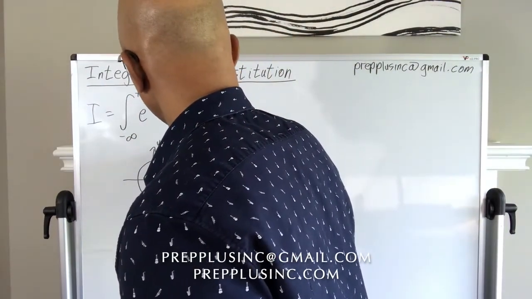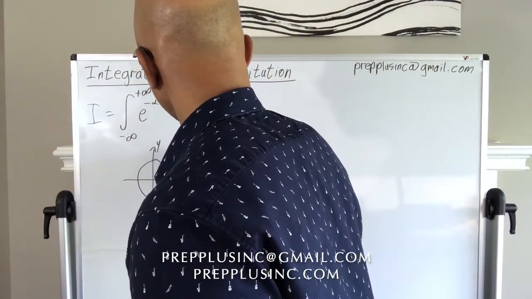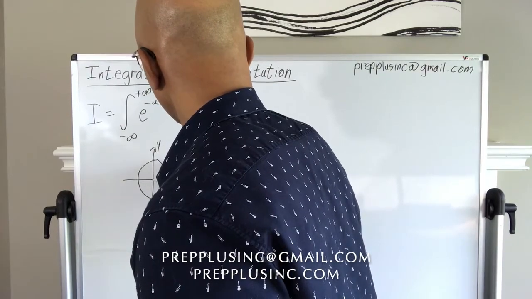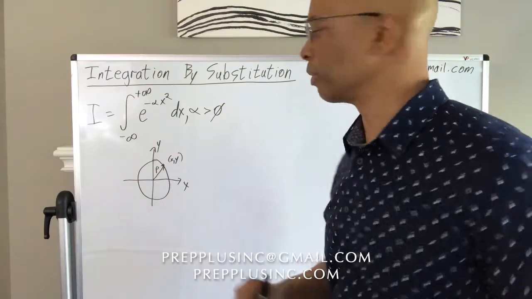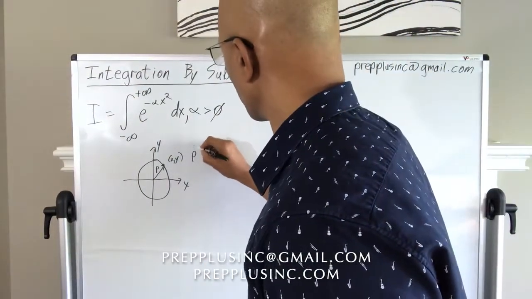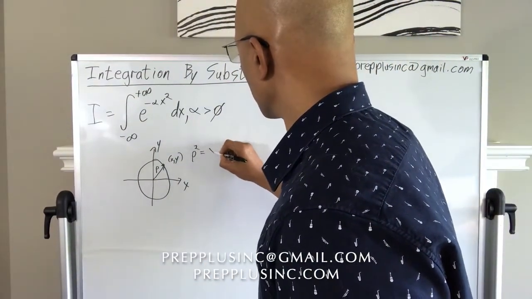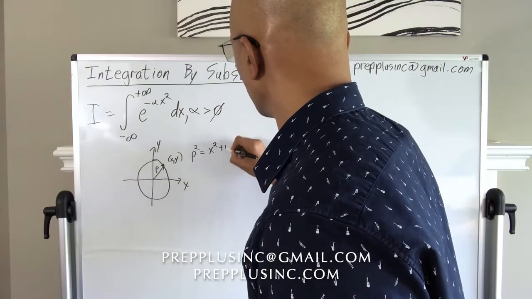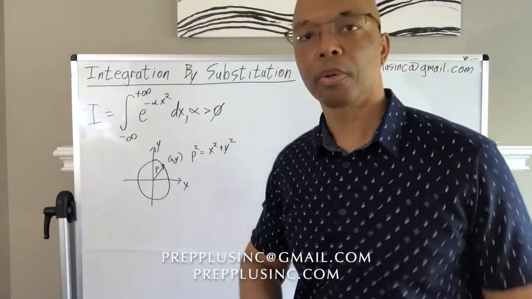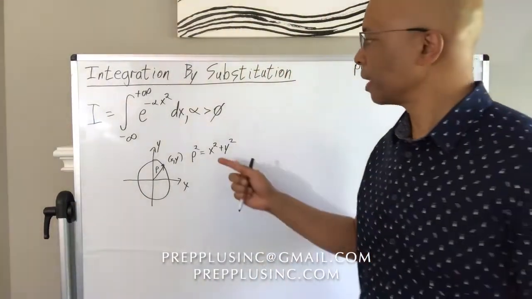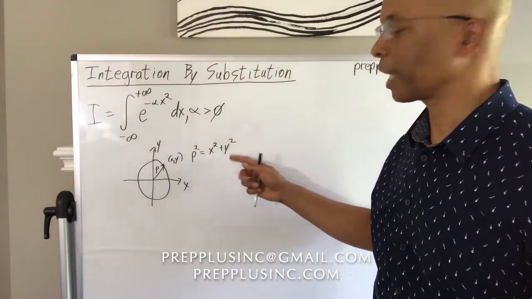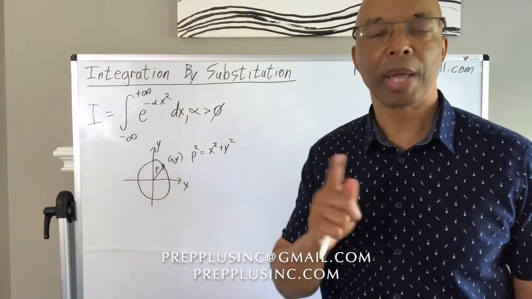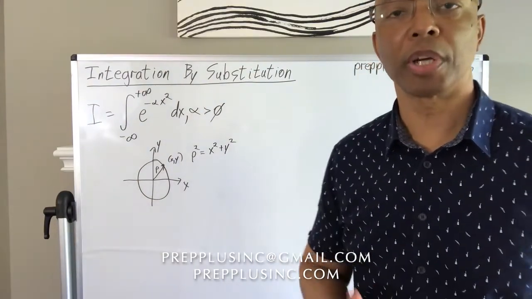So if you have a point on the circle, x, y, and that's the radius to that point, let's call it rho, it turns out rho squared is x squared plus y squared. Okay, so if we can make this x squared become an x squared plus y squared, that might be helpful. So let's just try to do that.